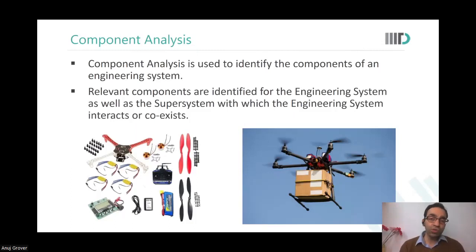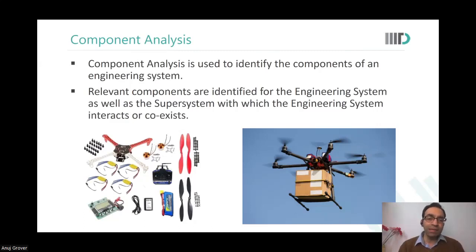Now you are making this drone for a particular purpose. You want to, for example, capture images of a particular landscape. That landscape is the super system. Air, because to take a lift, you will need air. Otherwise, the drone cannot fly. So air is a part of the super system.